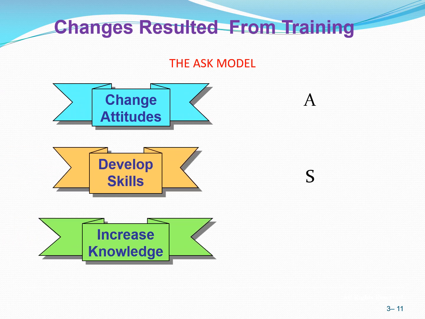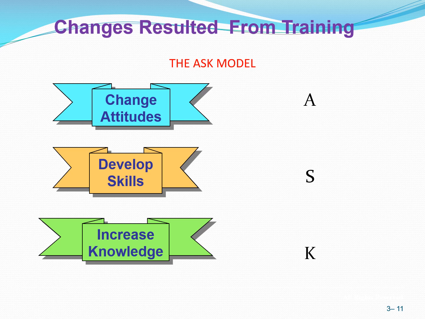Okay, so this is for effectiveness. How you are going to measure the result from the training. Same as induction, it also has effectiveness. We want to measure. Training also has effectiveness. For training, they are going to use the ASK model. ASK stands for A, attitude, S, skills, and K for knowledge.